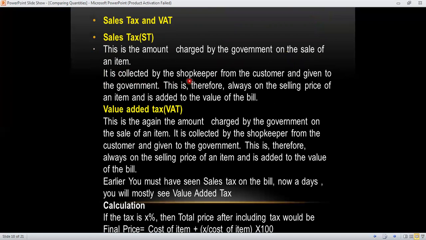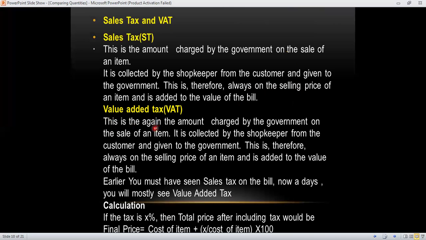It is collected by the shopkeeper from the customer and given to the government. This is therefore always on the selling price of an item and is added to the value of the bill.